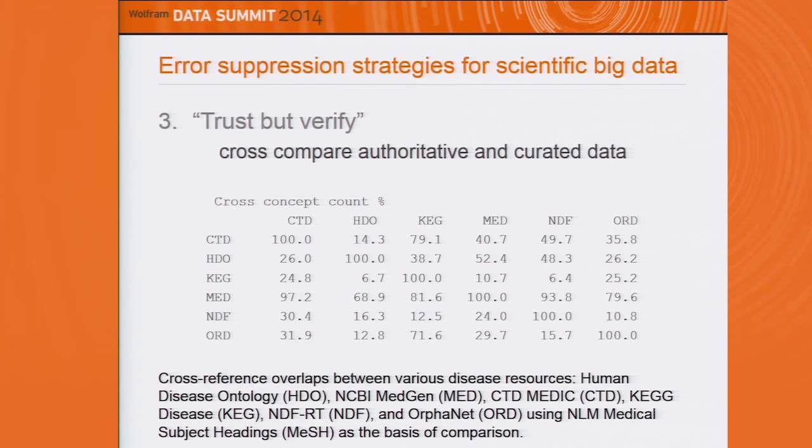They're in the low 30s or even in the 10s, which is to say that the concepts used for diseases across these various ontologies and things that people use to structure their data, they don't necessarily agree. Which is to say that you either need to mash them up in some way or to somehow disambiguate those things that these concepts describe.